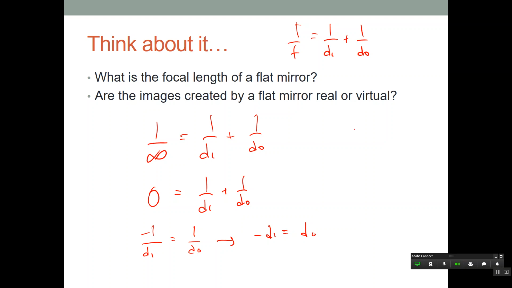And what is the focal length here? We said it is infinity. And is the image always going to be negative in a flat mirror? Always going to be negative, right? Because if do is positive, then di is always going to be the opposite sign. So if di is negative, is it virtual or real?